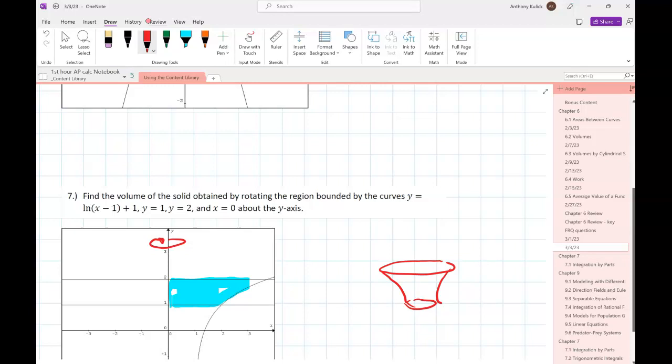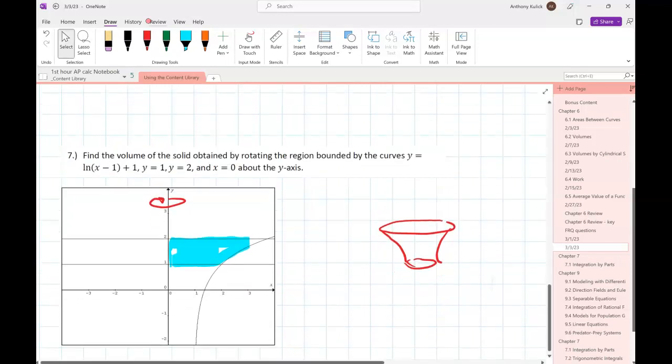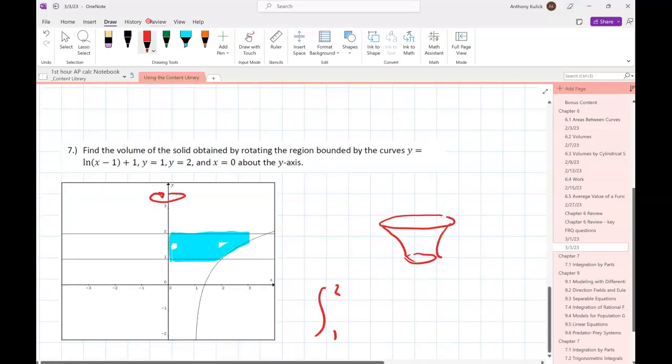So I think we can just integrate with respect to y from 1 to 2, and then this distance is the radius for my disk, correct? Okay.